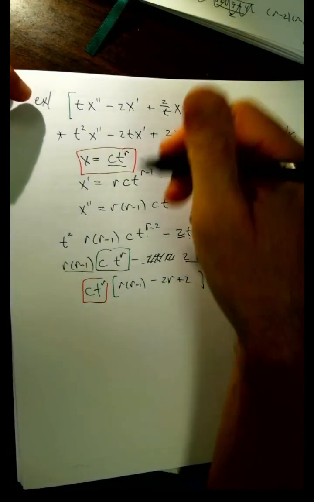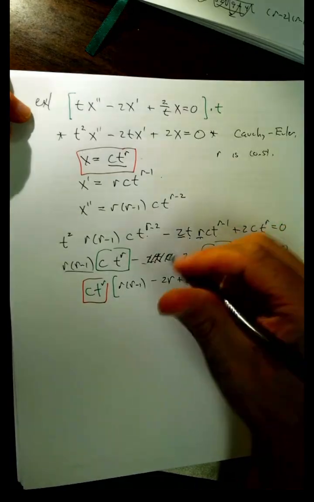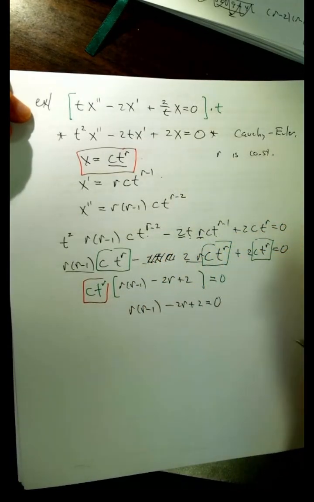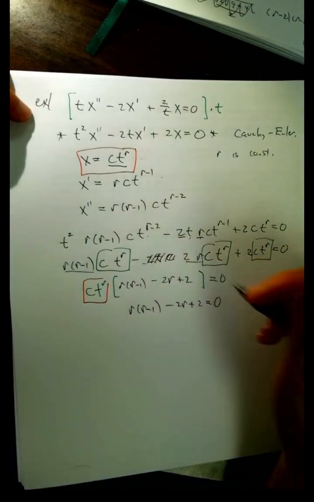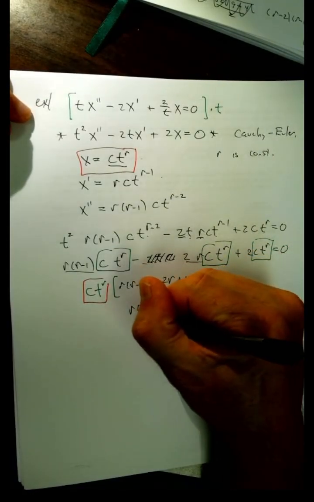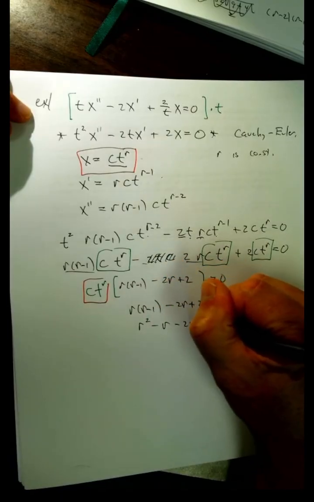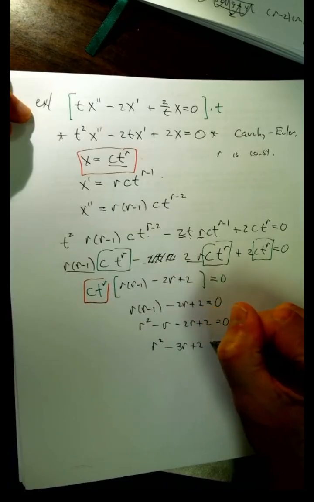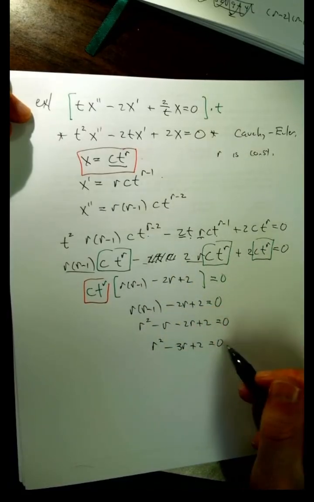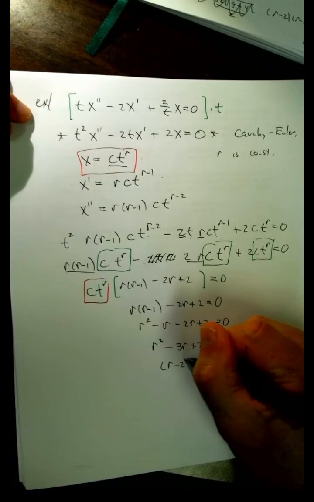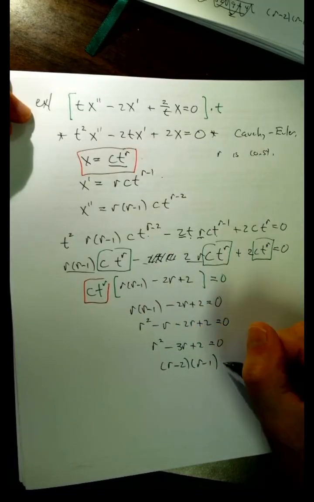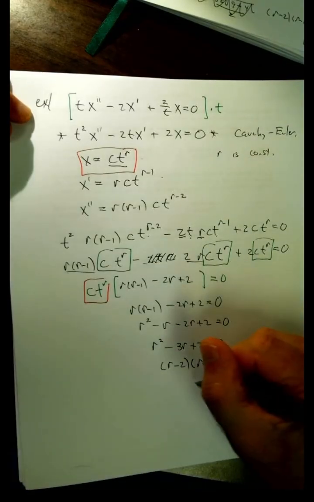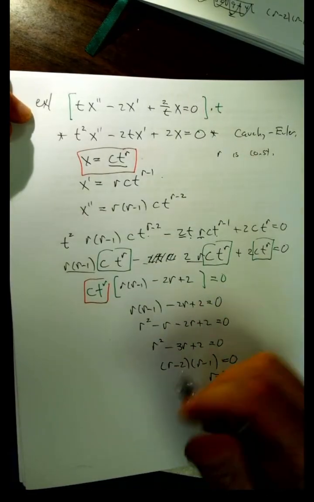Right, if c was 0, we don't have a solution, so that implies that this polynomial has to be equal to 0. And now I'm just going to see what this implies about r. So I multiply this r through, collect like terms, so I get r squared minus 3r plus 2 is 0. I see that I can factor this. It's r minus 2 times r minus 1 is 0. Is that correct? So plus 2, minus 2. Yep. So that means r is either 2 or 1.